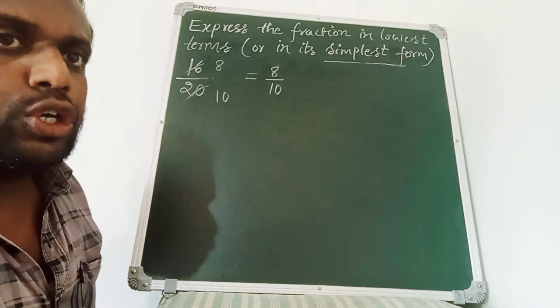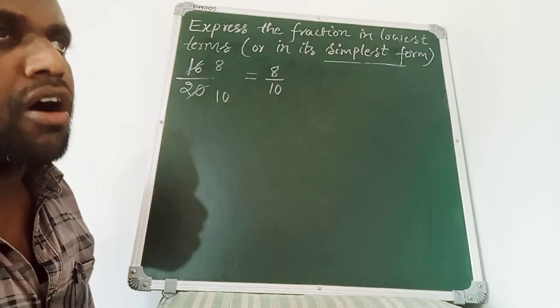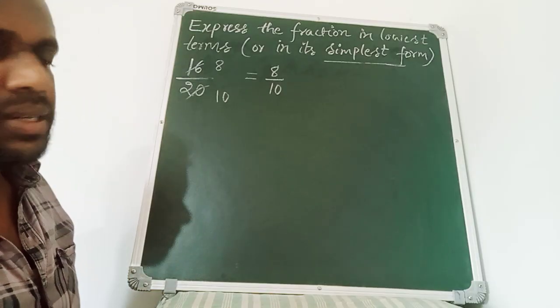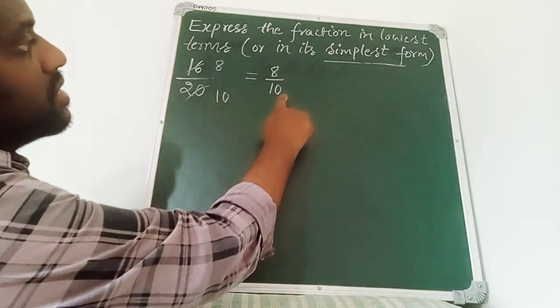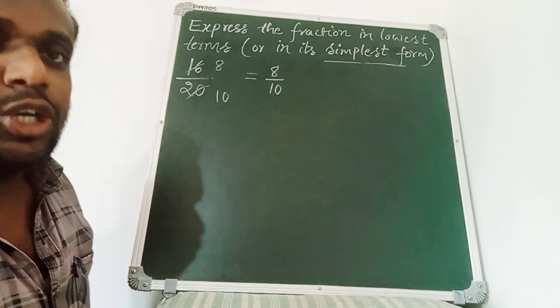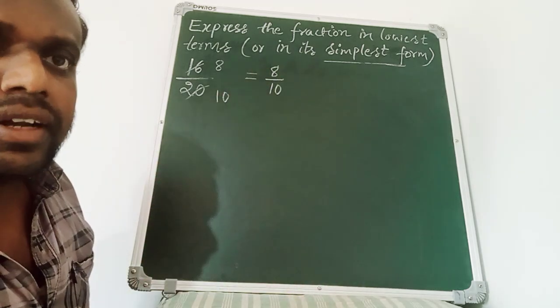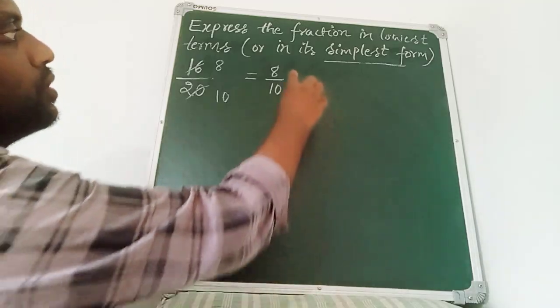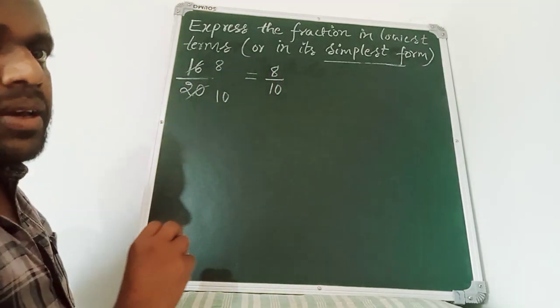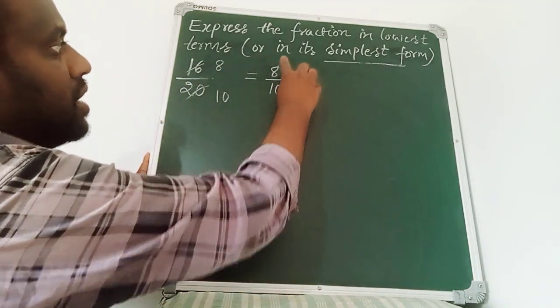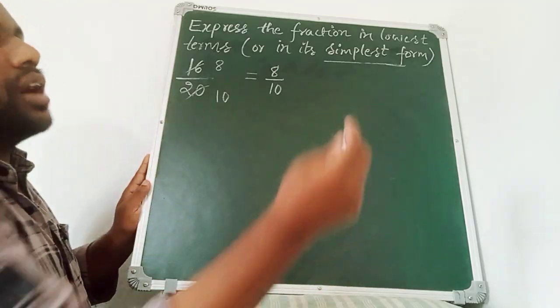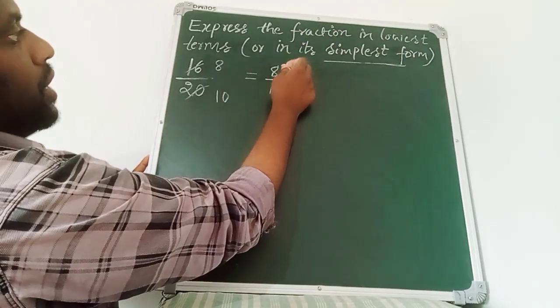Instead of 2, you may need to select a number like 6, 8 or 12. But in this case, the number 2 can divide both, so I am selecting 2 again.